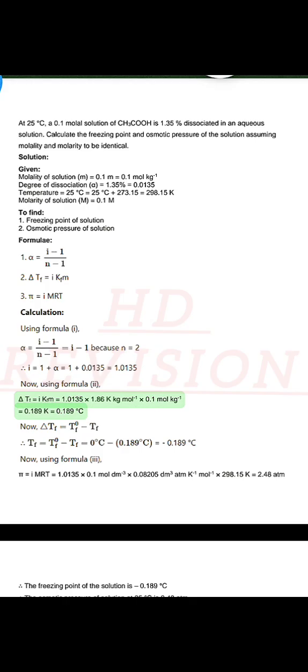Delta TF equals i Kf m equals 1.0135 × 1.86 K kg per mol × 0.1 mol per kg equals 0.189 K equals 0.189 degrees Celsius.